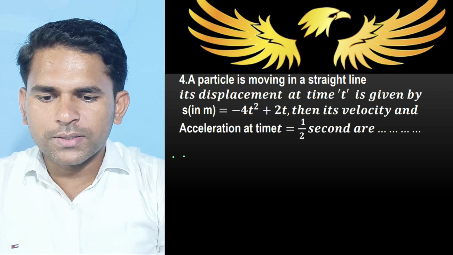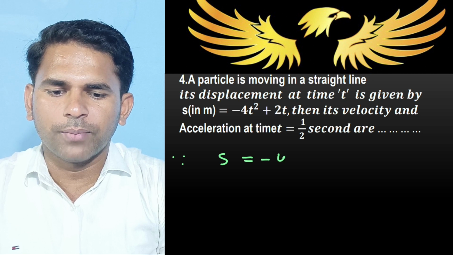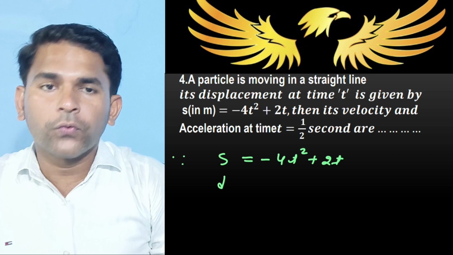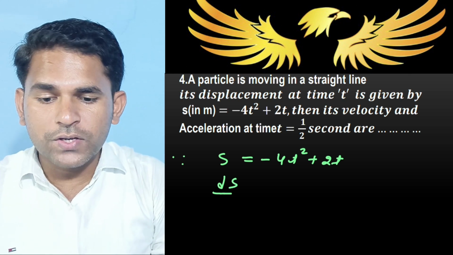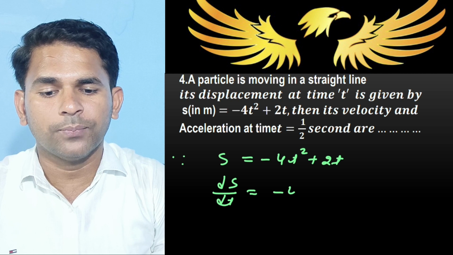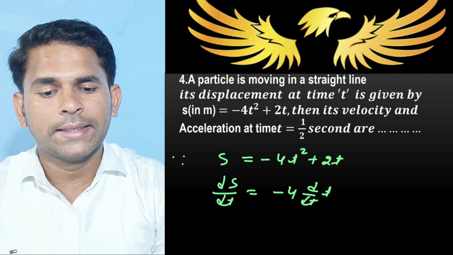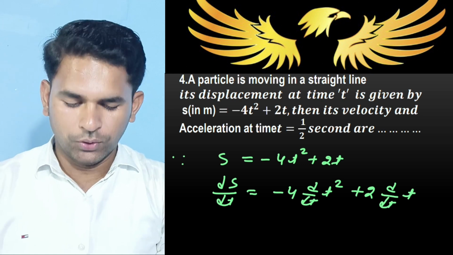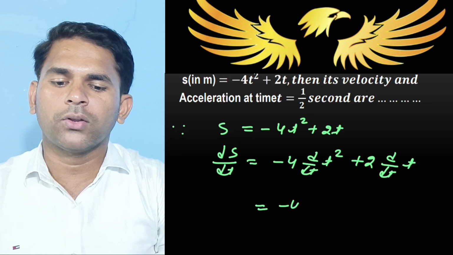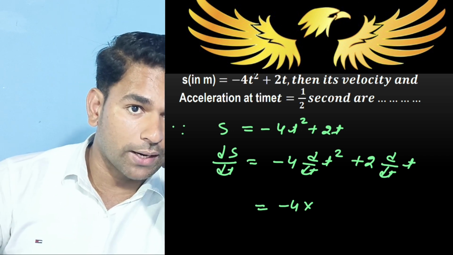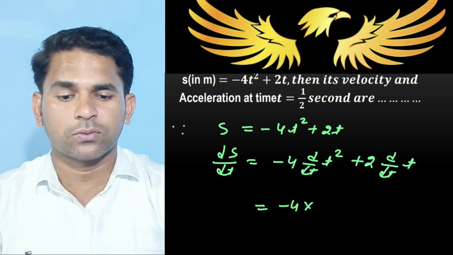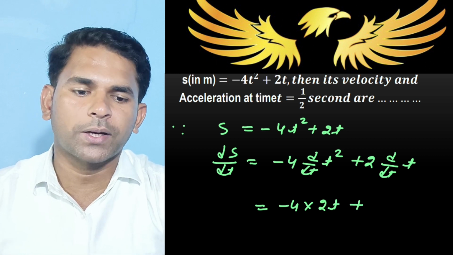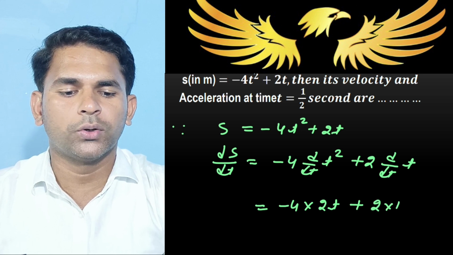Because the displacement equation minus 4t square plus 2t is given, we need to find the velocity first. So you differentiate this with respect to t: minus 4 d over dt of t square plus 2, a constant, d over dt of t. The differentiation of t square, you know the formula, x power n gives n x power n minus 1, so t square gives 2t, plus the differentiation of t with respect to t gives 1, so 2 into 1.